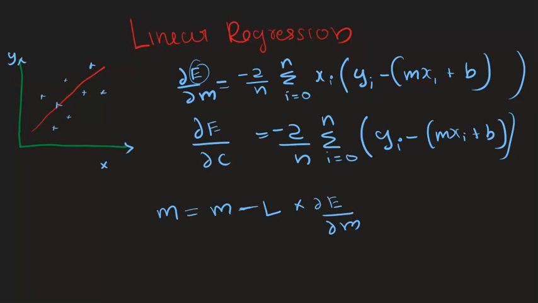L is called the learning rate. We can increase L to increase how fast the linear regression learns and comes to the most optimum m.